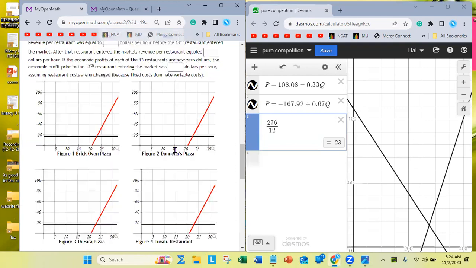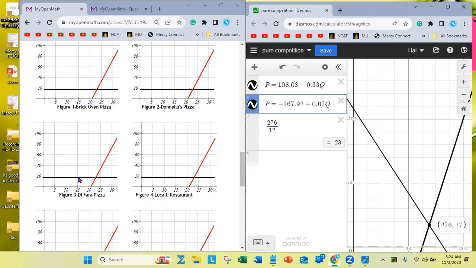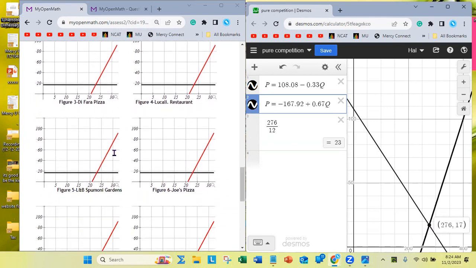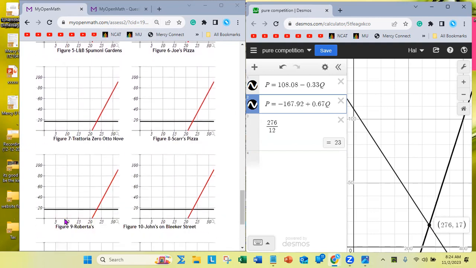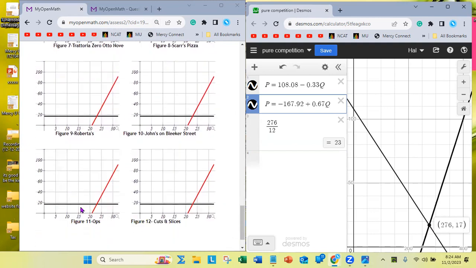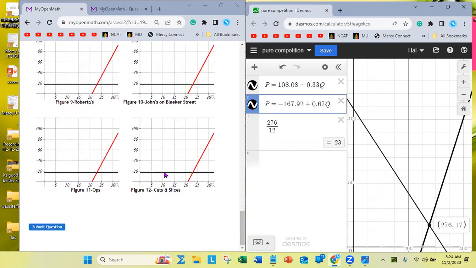So this is firm one, Coven Pizza, perfectly elastic demand at $17. Firm two's perfectly elastic demand at $17. Firm three's, four's, five's, 6, 7, 8, 9, 10, 11, 12. So firm 12's perfectly elastic demand curve.